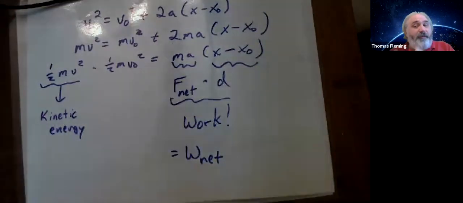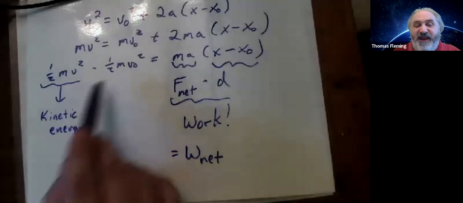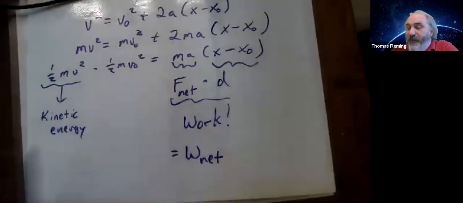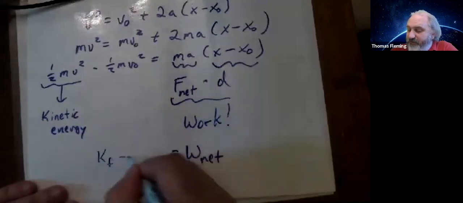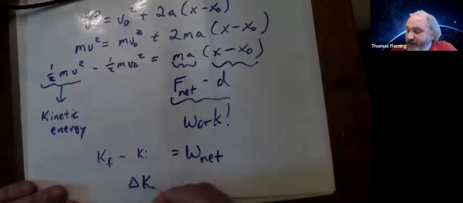So the faster something is moving, the more kinetic energy it's going to have. And apparently, the more work you have done to you, the more your kinetic energy will change by. And in fact, this is my final kinetic energy. That's my initial kinetic energy. So I can write that as K final minus K initial, or more succinctly as delta K.